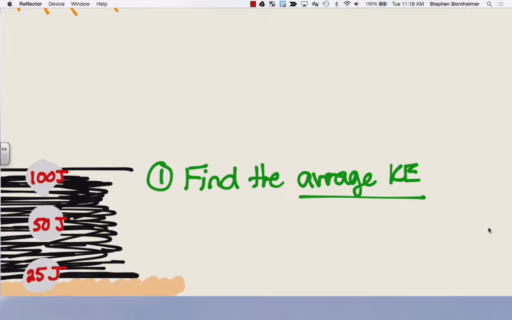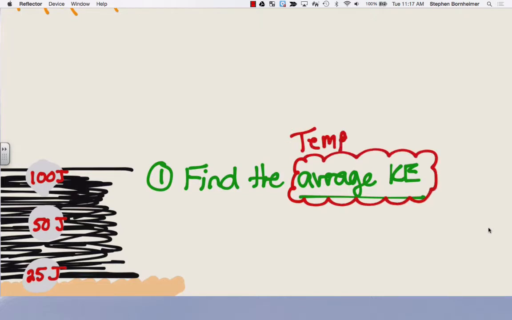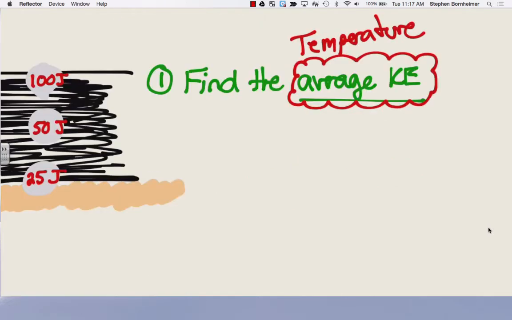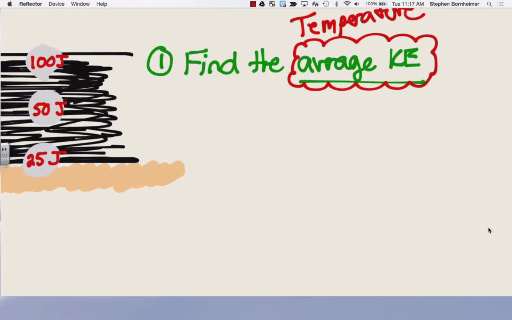What is the average kinetic energy of a substance? Temperature. We need to know that. So this is a pretty easy problem to find the average. This is not too bad. We can do this. And so we're going to add all 3 measurements.